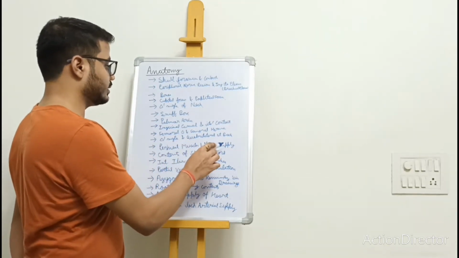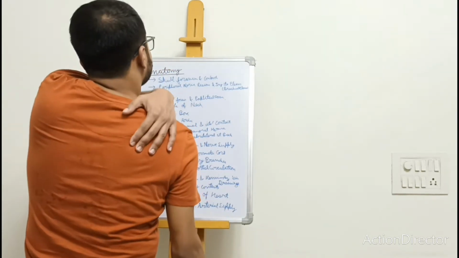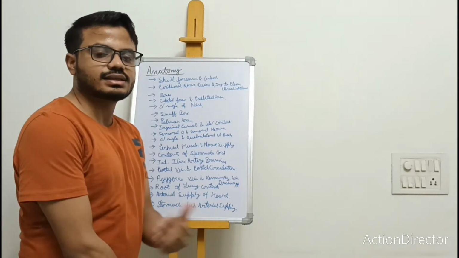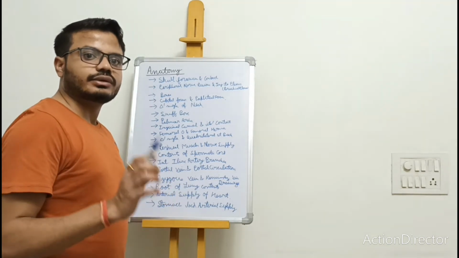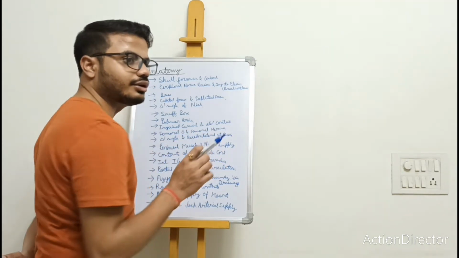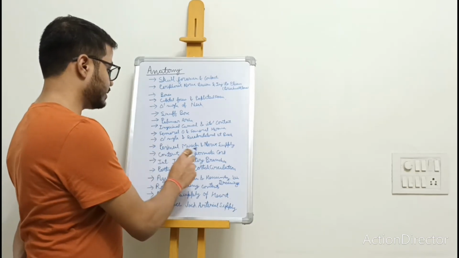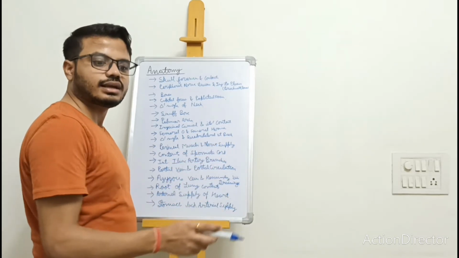Then there is a triangle and quadrilateral, friends, formed by the trapezius and other muscles bounding it. So, friends, you have to know the triangle and quadrilateral formed at the back side. And then you have to know perineal muscles and nerve supply, right?